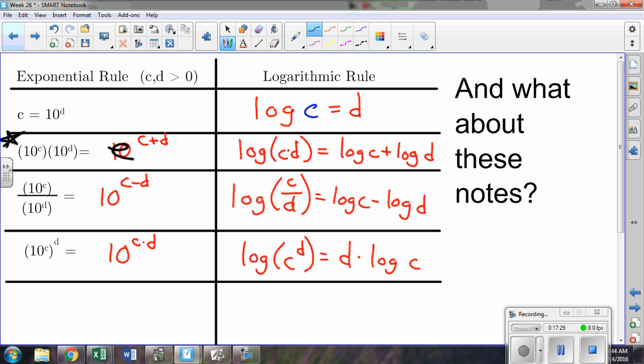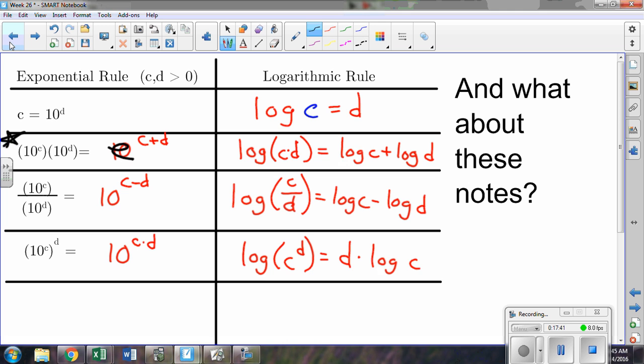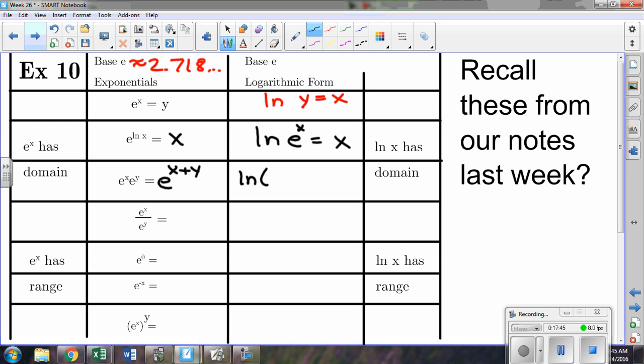And so we're going right back with the same type of rule. It's the same rule, just written with different variables. We would have a natural log of x times y gets split up using addition.